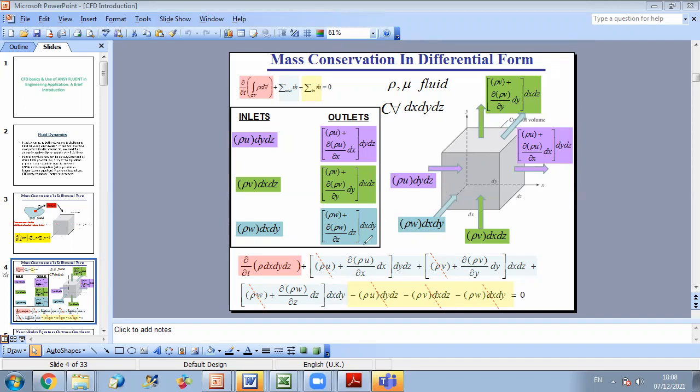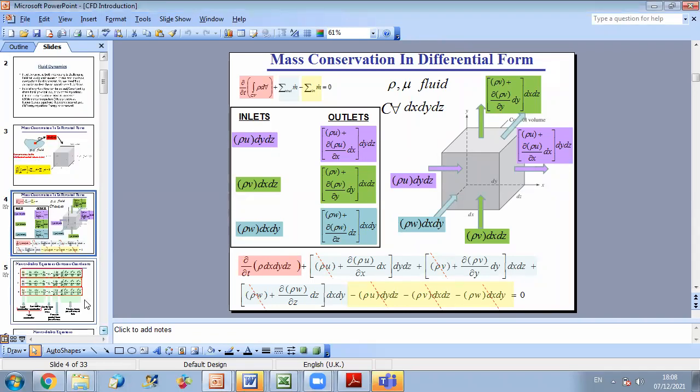I will not go over the details, because you already know this from fluid mechanics, okay? But at the end, when you develop this relation, after simplification, you end up with the continuity equation.